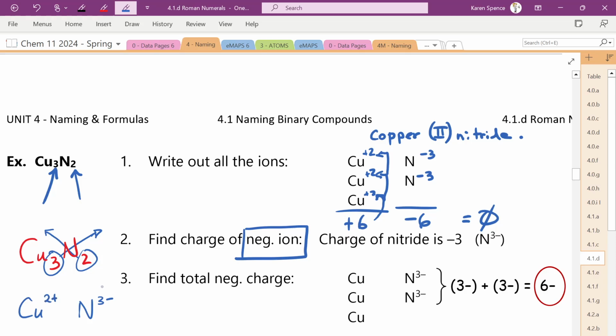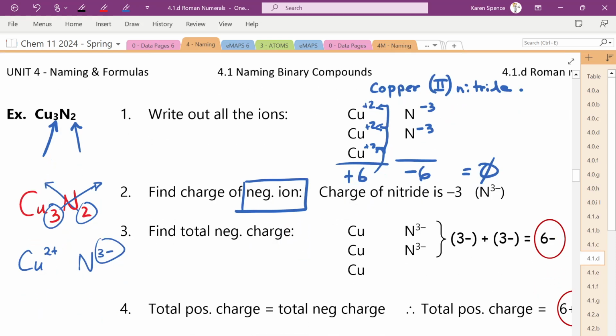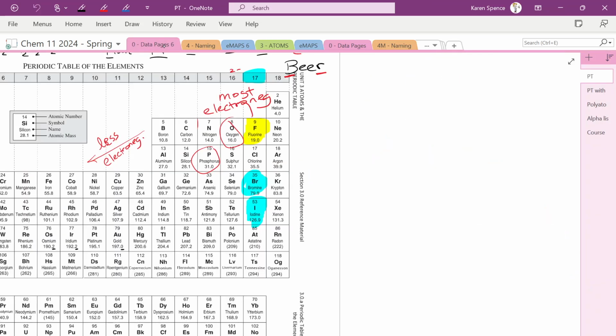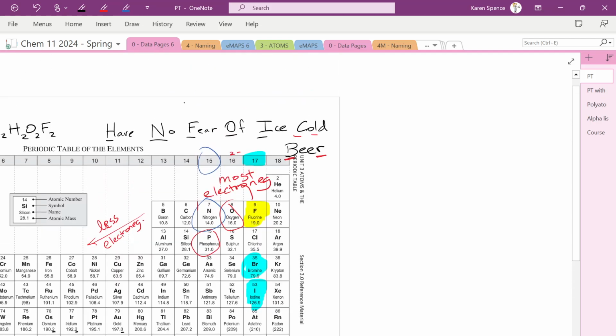Now we do need to check, is 3- the correct charge for nitrogen, for nitride? Let's go take a look at our periodic table. Nitride is in group 15, so yes, it has a charge of 3-. So that's okay. So this is one of the 95% where that method works, okay?